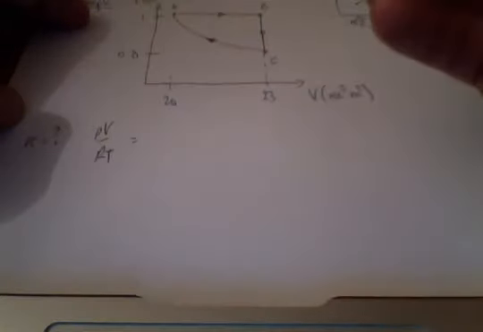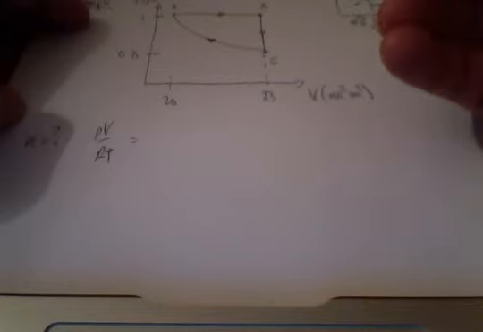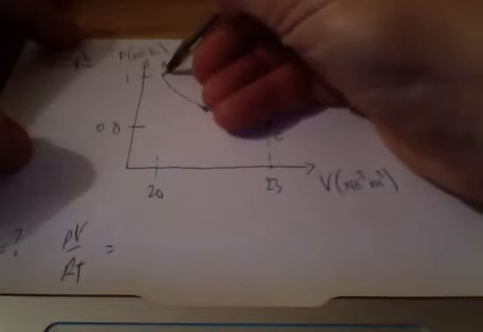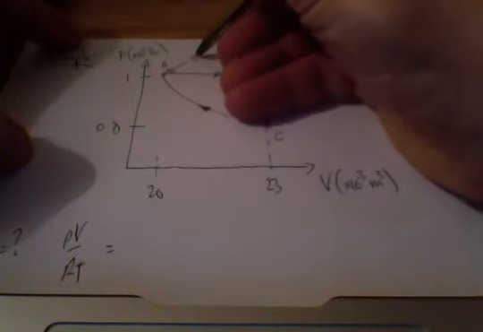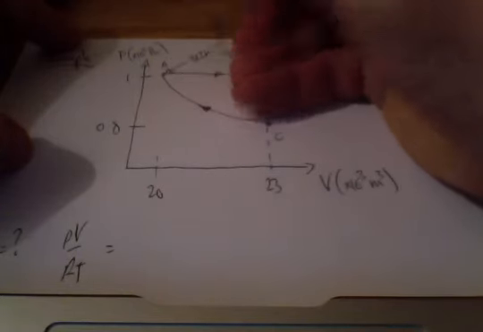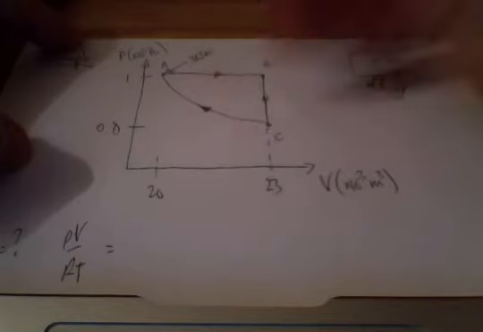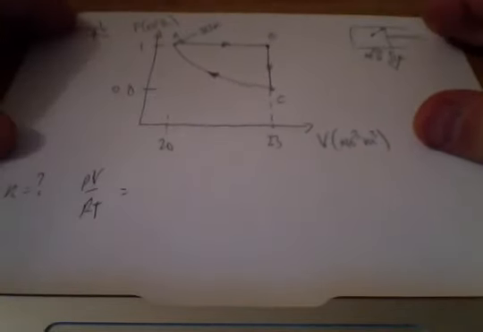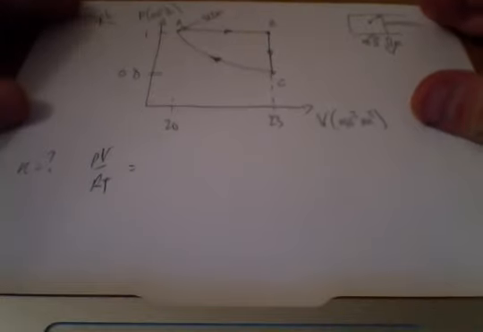Okay, then just from the previous one, we know this is going to be PV over RT. I should have said before, apologies, that point there is 323 Kelvin. So now if you want to press pause and give it a go, go for it.